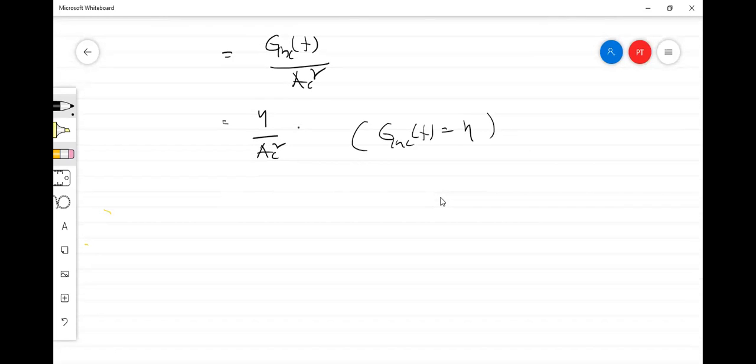Now, what about the output noise power spectral density?